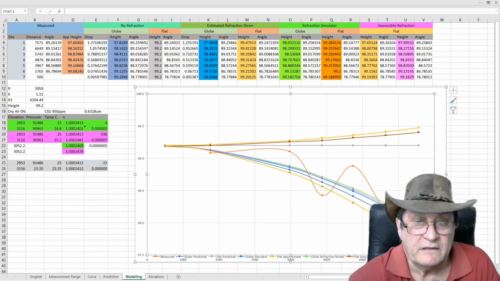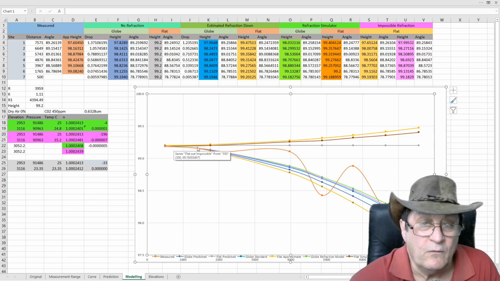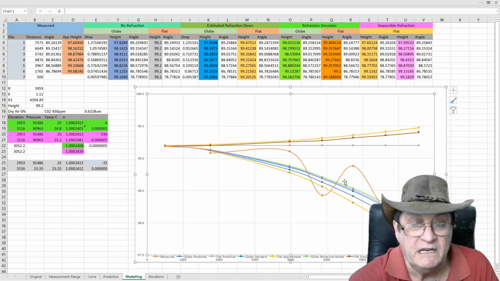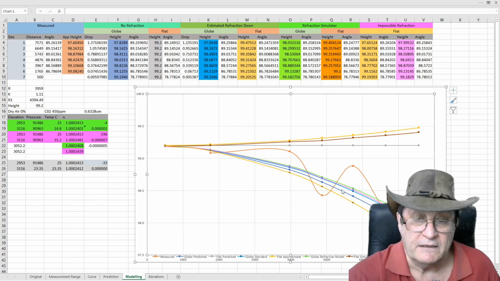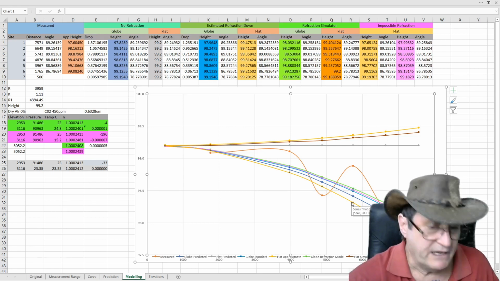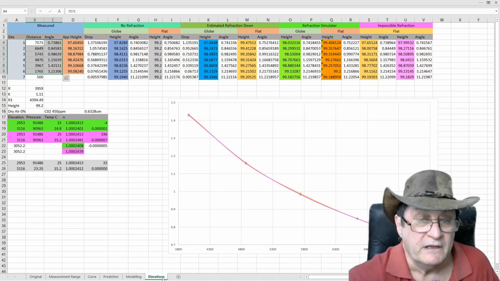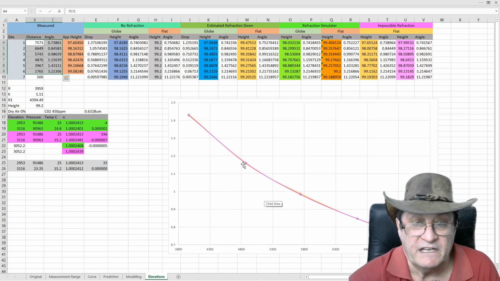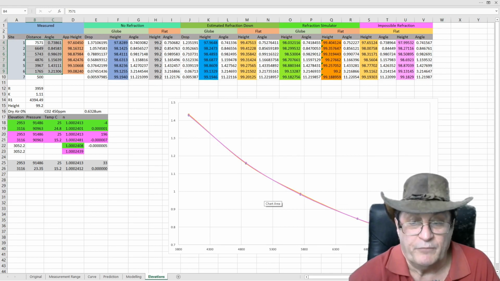Now, you'll see why I had to translate that into pole height to get any meaningful graph out of this, when I just plot the elevation angles. I've plotted a representative sample.